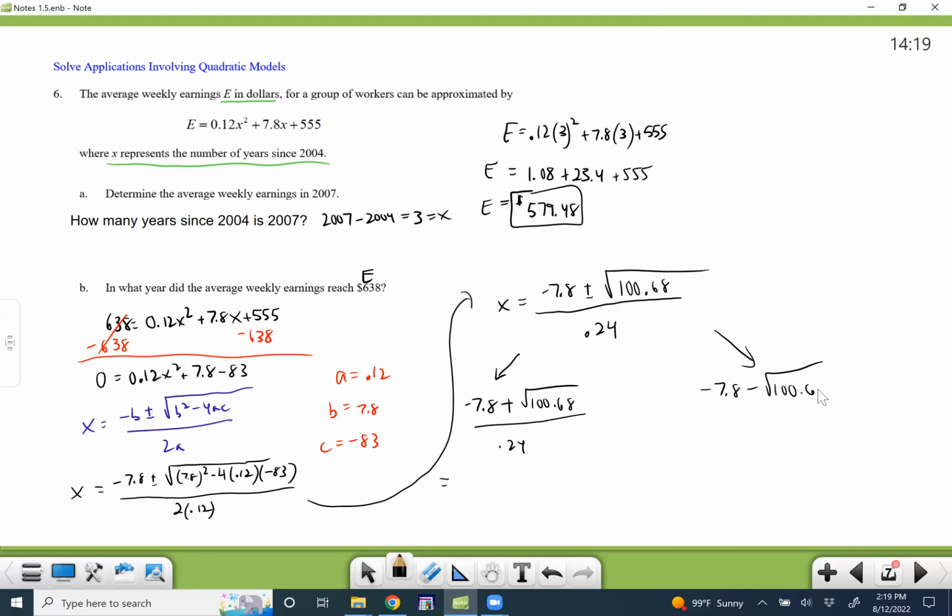Now, I can kind of reason out that one of these is going to be bogus. I can tell that this top one is going to be negative, because a negative take away more is still negative, and a negative divided by a positive is still negative. And we can't have negative years since 2004. Okay, we're not going to go back in time. So this one's actually going to end up being bogus.